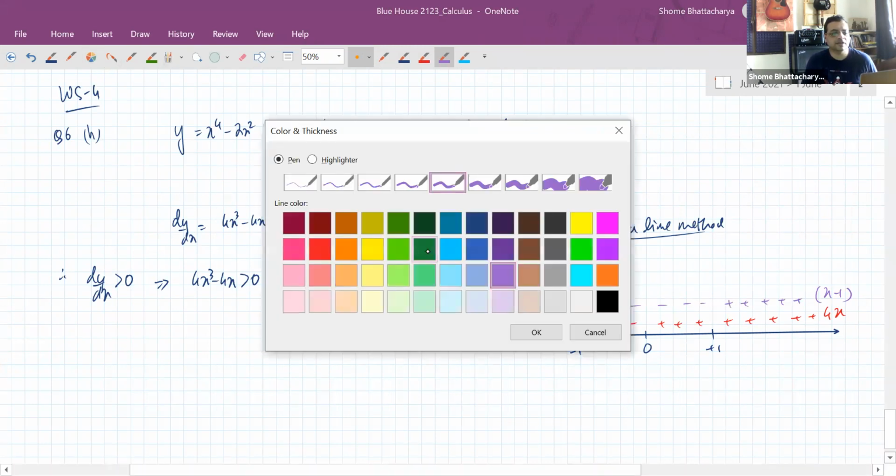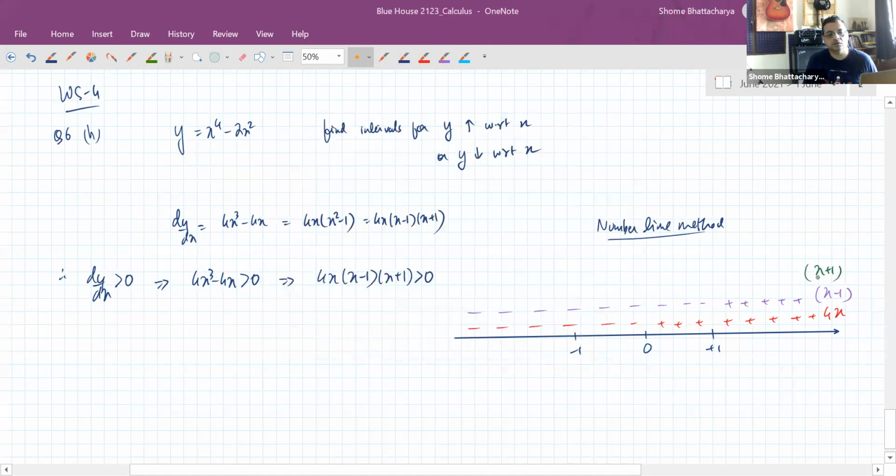And then the factor x plus 1 is negative for x less than minus 1, and it becomes positive for x greater than minus 1. So you can see that we have divided our number line into three regions.